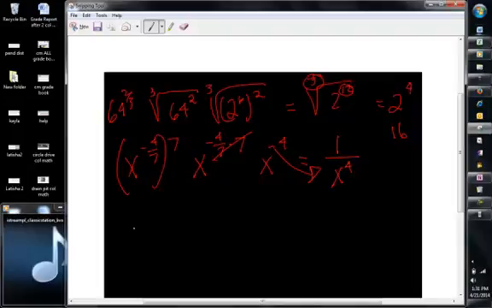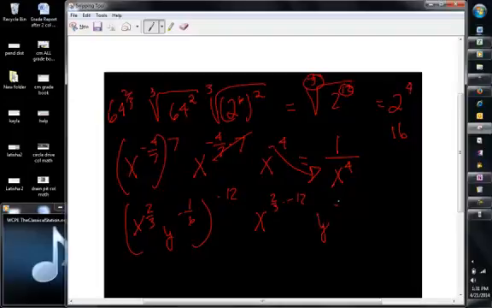Number 47 looks tough. X to the 2/3 times y to the negative 1/6 to the negative 12. So that's x to the 2/3 times negative 12, y to the negative 1/6 times negative 12.